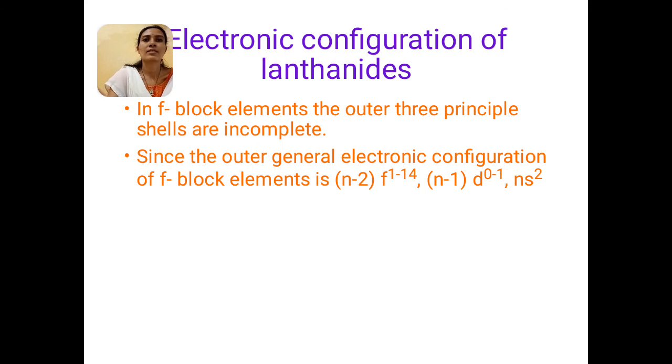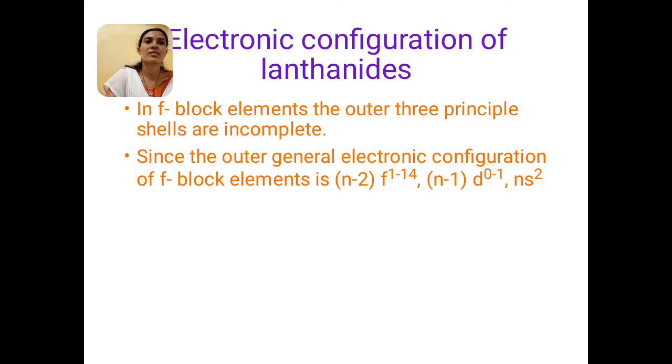Now we will discuss electronic configuration of lanthanides. In F block elements, the outer three principal shells are the F, D and S. All the three shells are incomplete, since the outer general electronic configuration of F block elements is (n-2)f1 to 14, (n-1)d0 to 1, ns2.